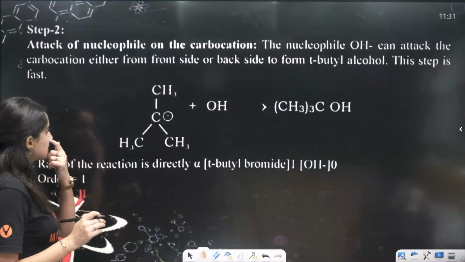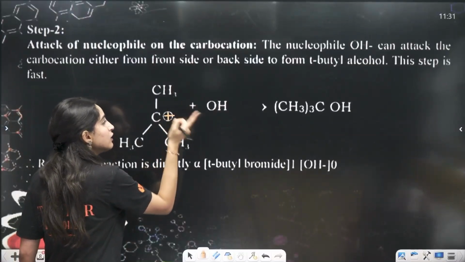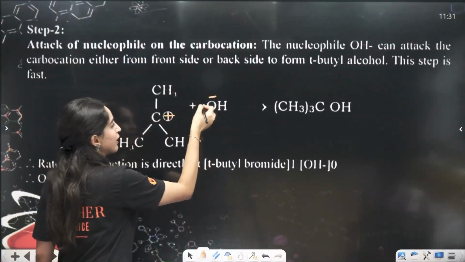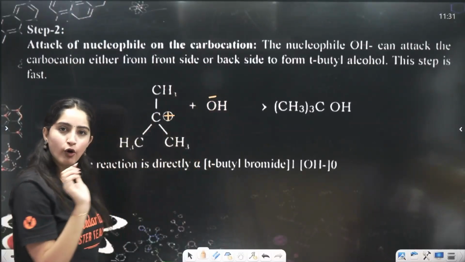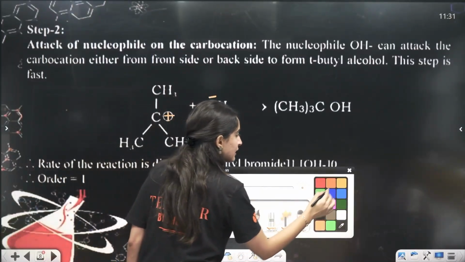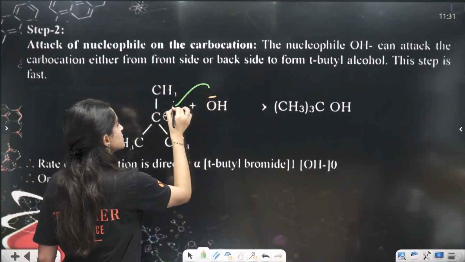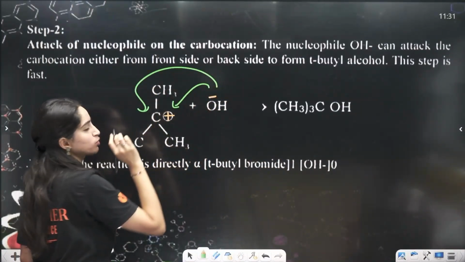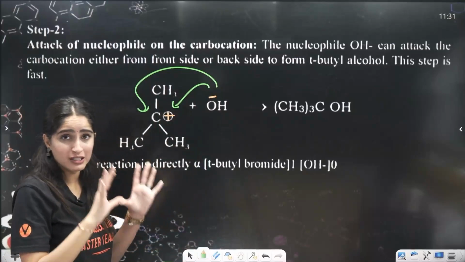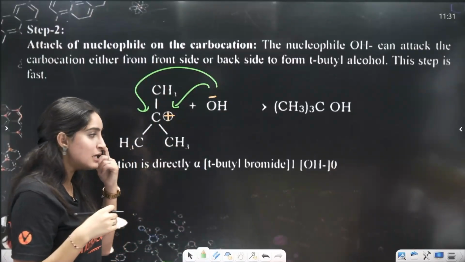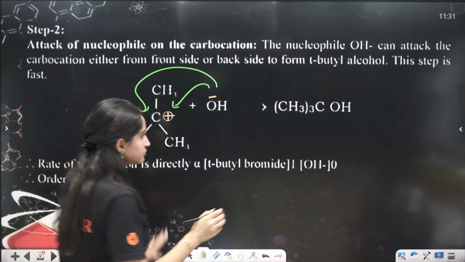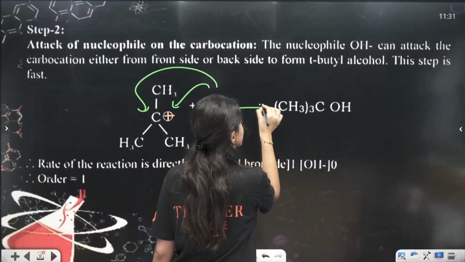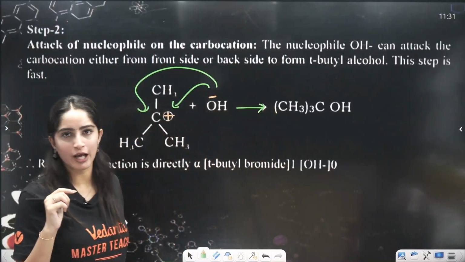Next is this carbocation in the presence of a nucleophile. This nucleophile can attack on either side, either on this side or on that side. It totally depends on what will happen at that time. So you will have the formation of this product, that is your tert butyl alcohol.